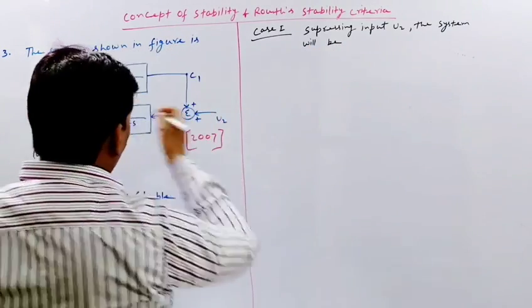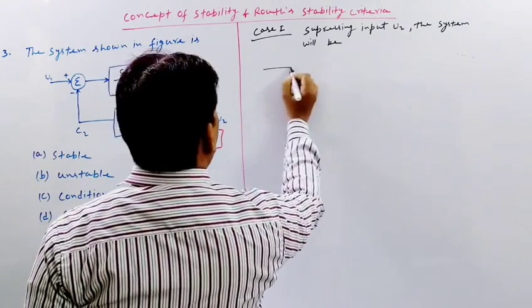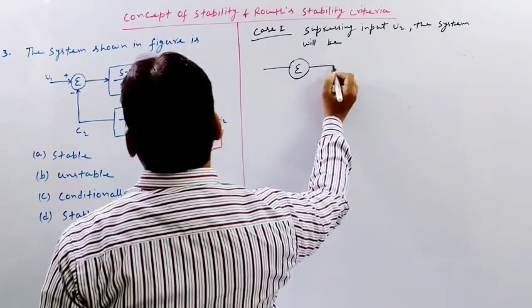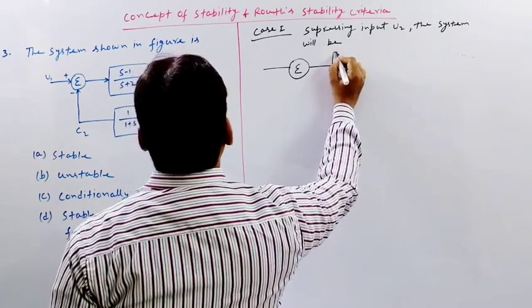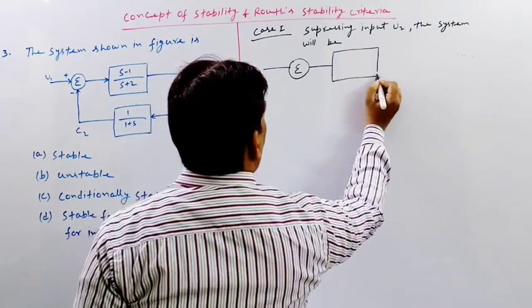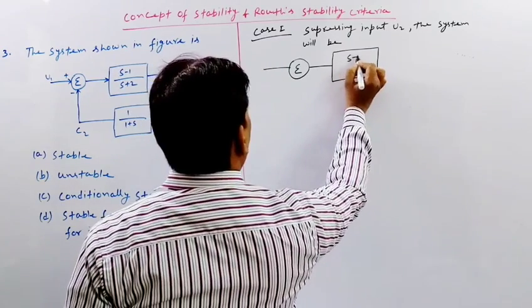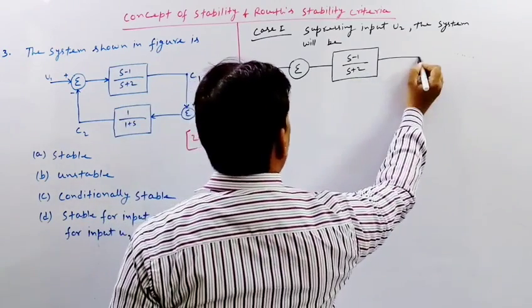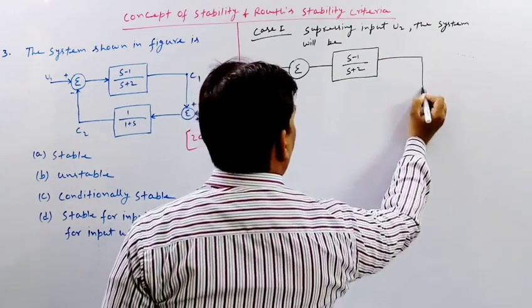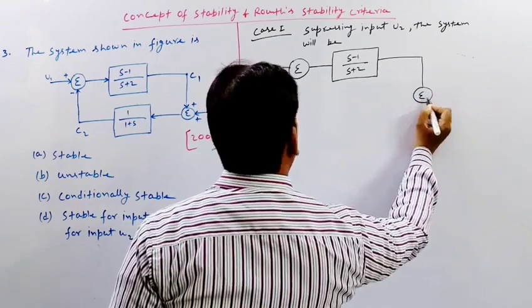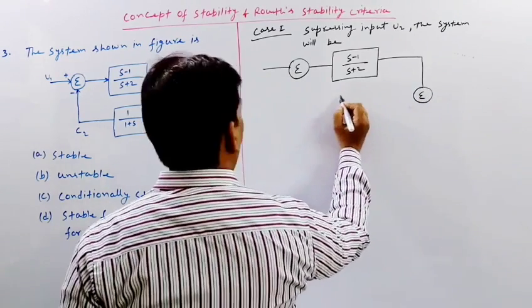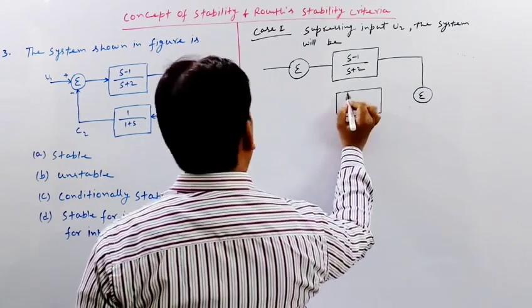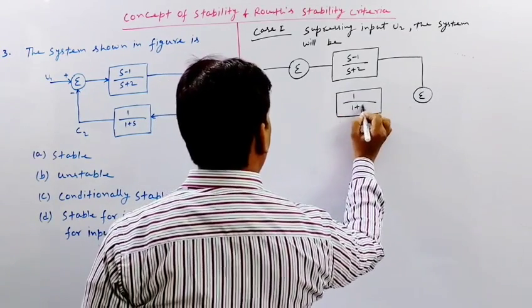how will it look? It will look like this: sigma, then (s minus 1) divided by (s plus 2), again here sigma, now it will be 1 by (1 plus s).